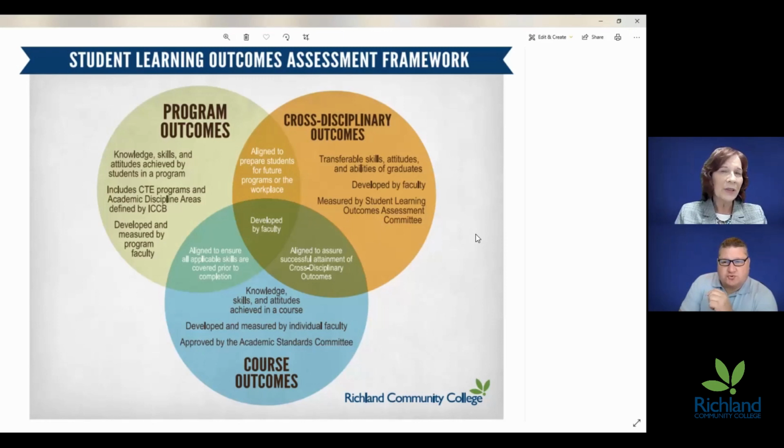So that is really kind of an overview of our system, our whole framework, and how these all fit together. And you can see it is absolutely faculty driven, and without faculty support, both in providing artifacts and participating in the evaluation and assessment, this wouldn't work.